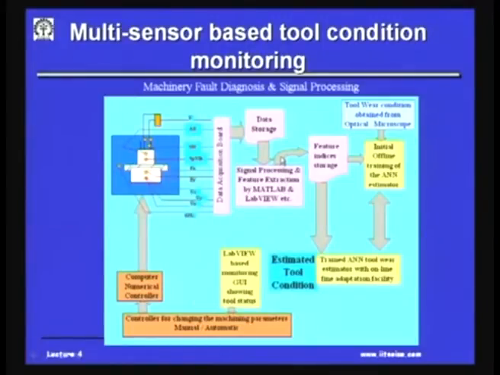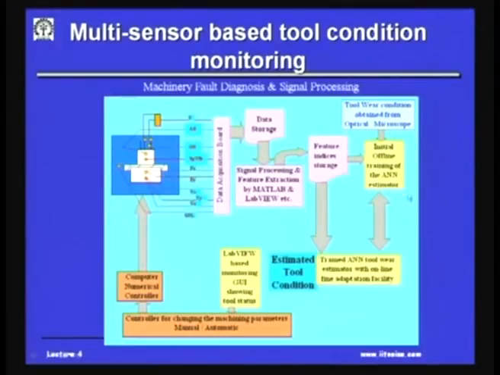Now with this kind of analysis, we thought, why not instrument this machine with many more sensors than required, like voltage, acoustic emission, vibration, cutting force in X, Y, Z direction, and sound pressure level. Then we have a data acquisition system where we do signal processing and feature extraction by certain software, and also, in the offline stage, measure the tool wear condition by a microscope.